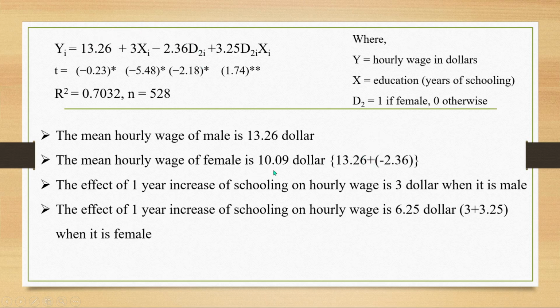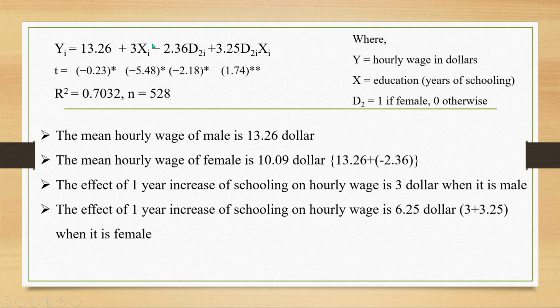So the mean hourly wage of male is $13.26 and the mean hourly wage of female is $10.09. From this result, we can easily tell that the mean hourly wage of male is higher by $3.17 than the mean hourly wage of female, and we found it by subtracting this value from the female value.